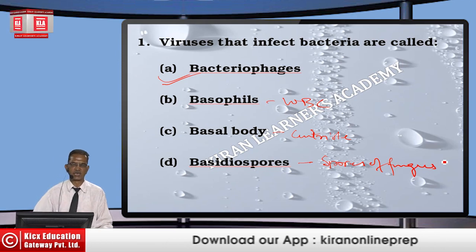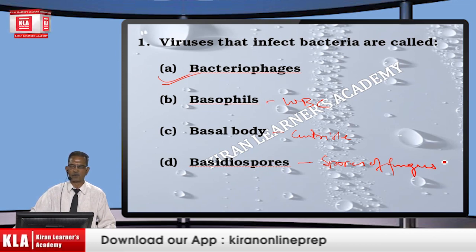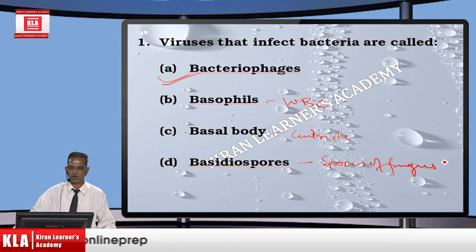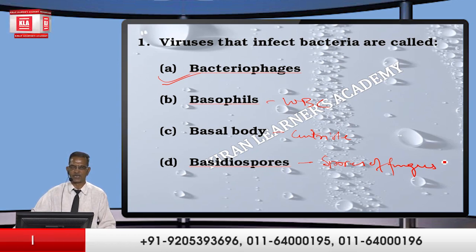There is a class of fungi called basidiomycetes, and the spores produced by the members of the basidiomycetes are called basidiospores. So, the option A is the correct option. Bacteriophages are the viruses that infect the bacteria and lead to their death.